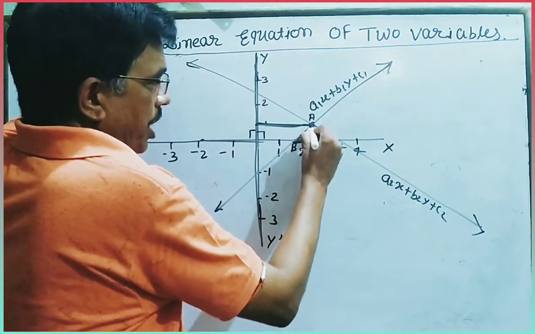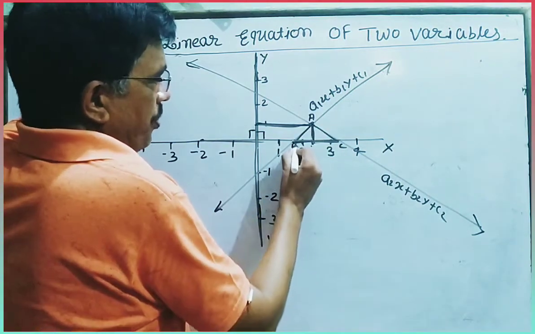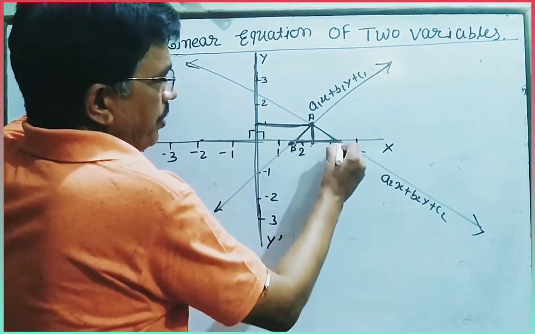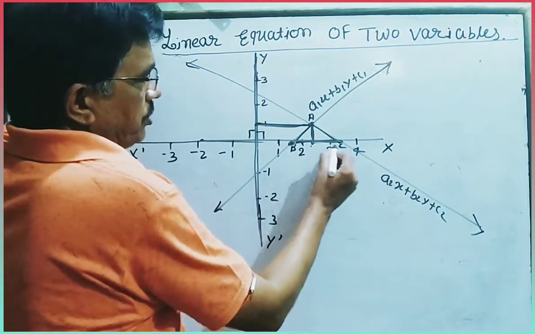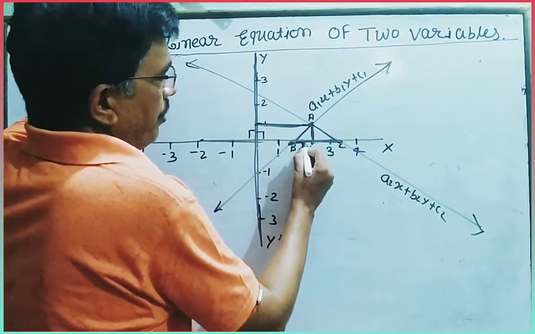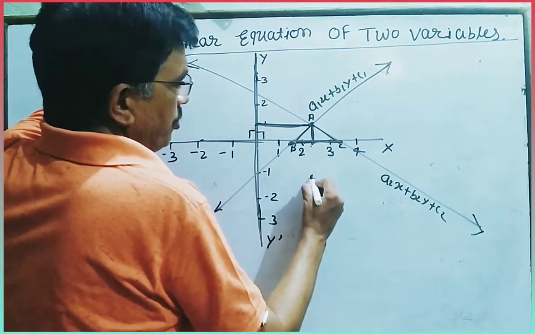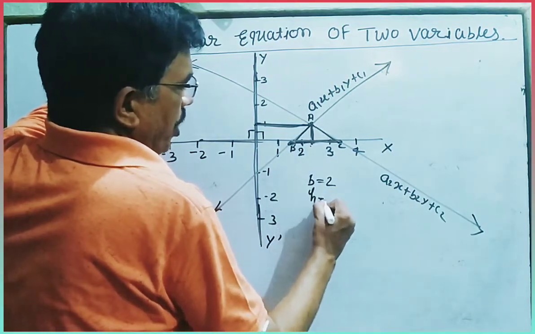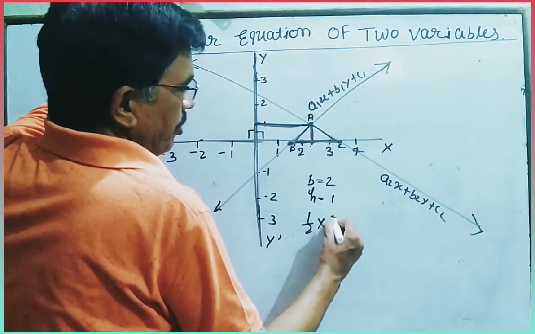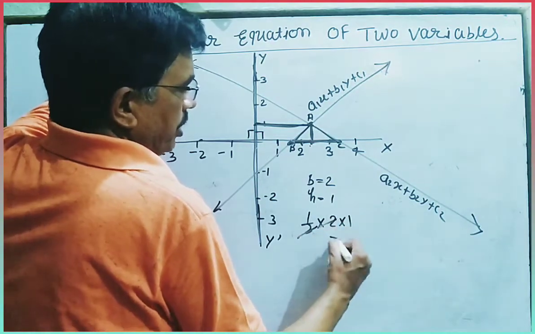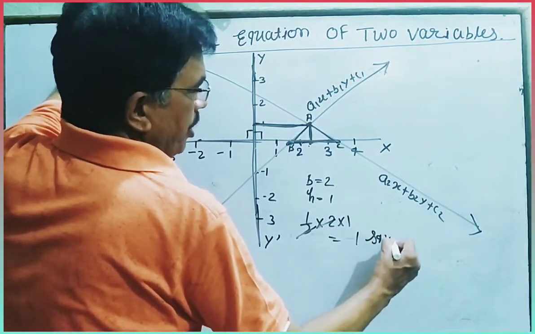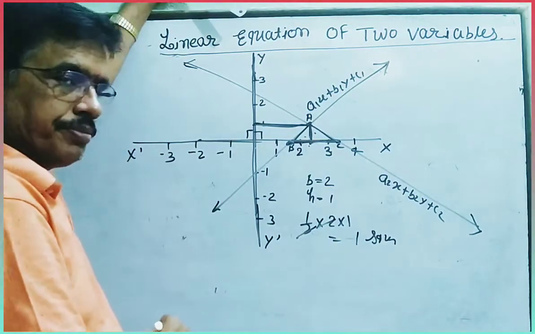This is the base and this is the height. The base is 1.5 to 3.5, so the base is 2 and the height is 1. Then the area is 1 by 2 into base into height, that is 1 square unit.